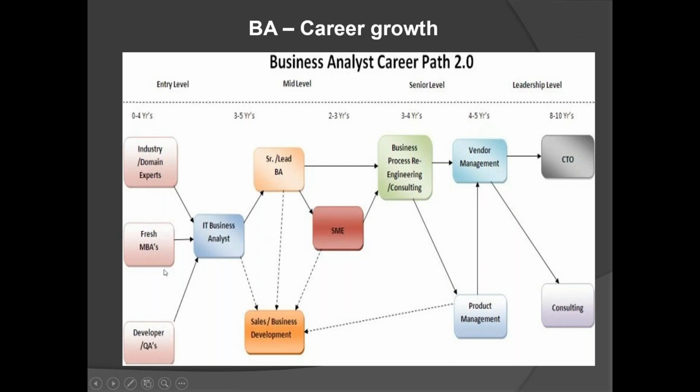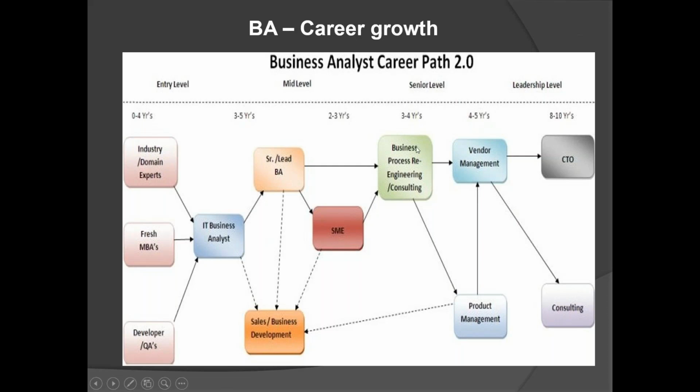They will be treated as IT business analysts and will report to a senior or lead BA. Once you gain some experience, you will be promoted to mid level, where you will be treated as a senior or lead BA, working for sales or business development and reporting to the SME, that is subject matter expert.